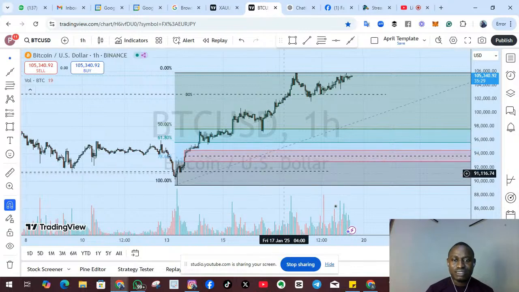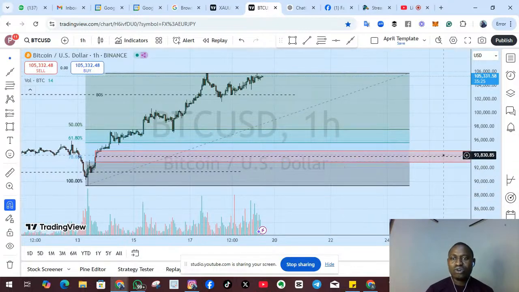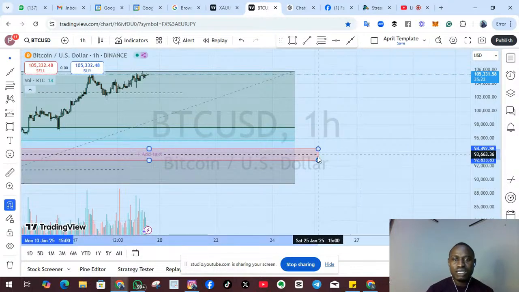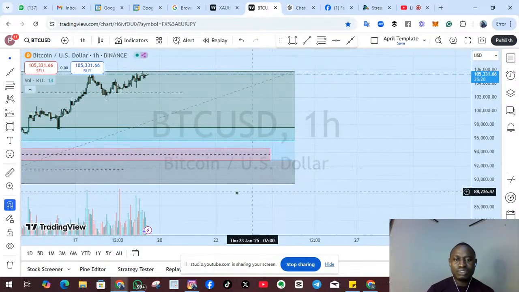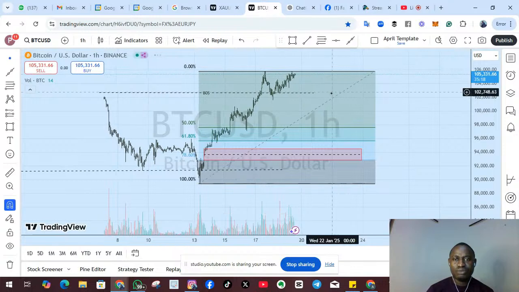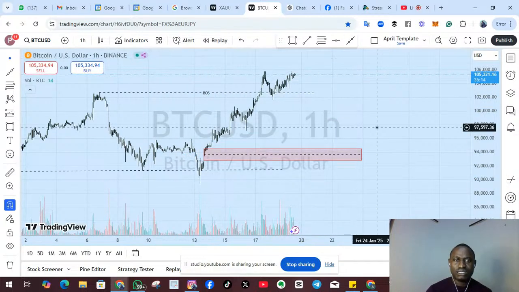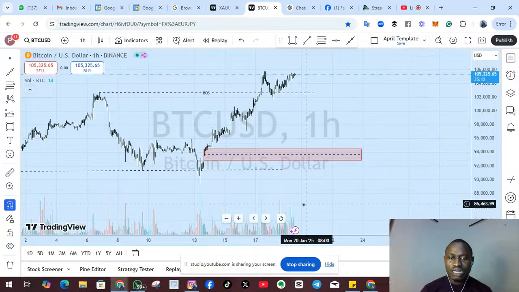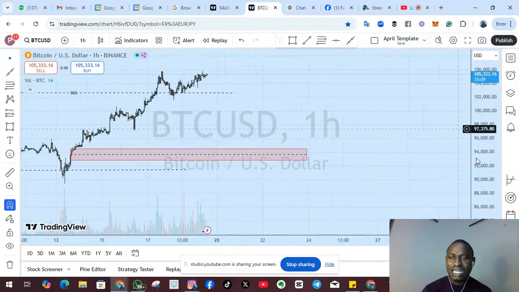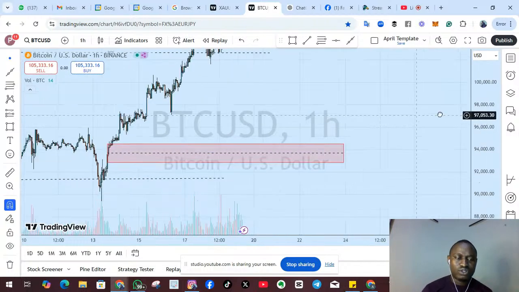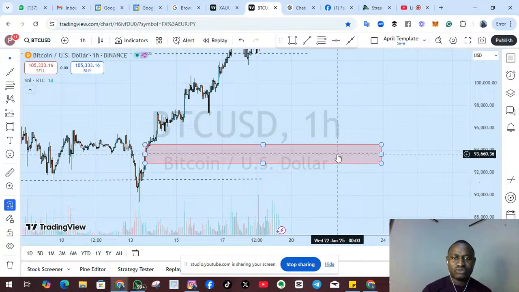And another thing is this: because we are traders, if you are so convinced that price is going to come there, and you have enough reason to, let me take out the Fibonacci tool. I don't like putting a lot of tools on my chart. So since we know price is likely going to come here, of course, we don't know that until we confirm market movement.